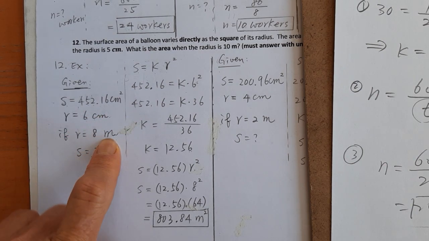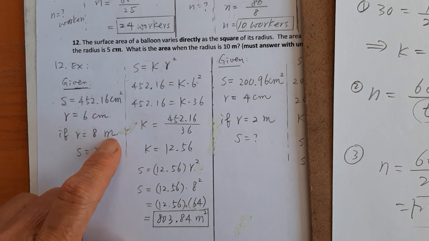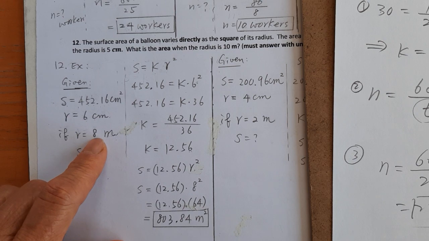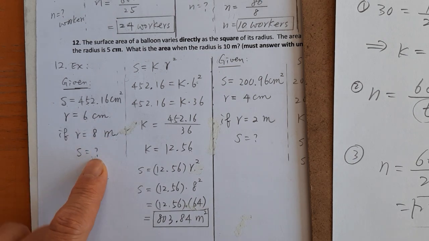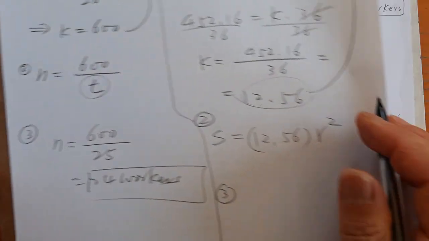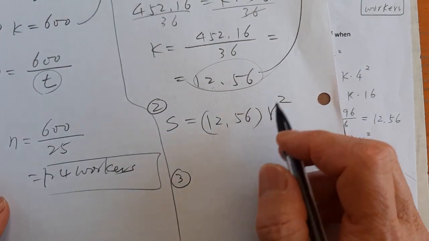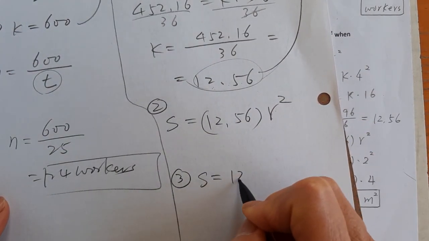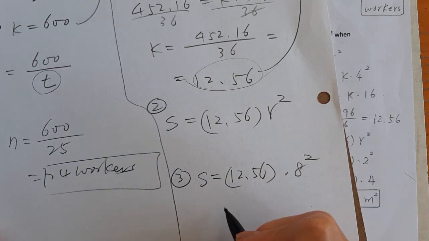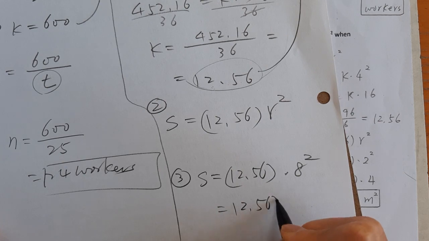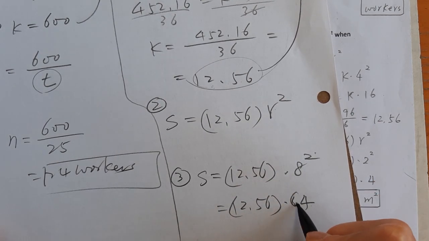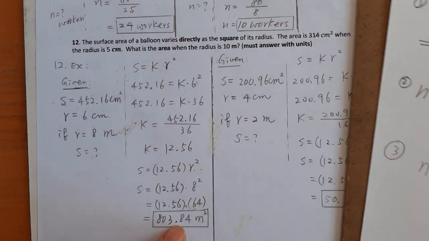1 meter equals 100 centimeters. So this is 6 centimeters, and now we go to 8 meters. Now what is S? In this equation, plug in R equals 8. So S equals 12.56 times 8 squared. 8 squared is 8 times 8, which is 64.